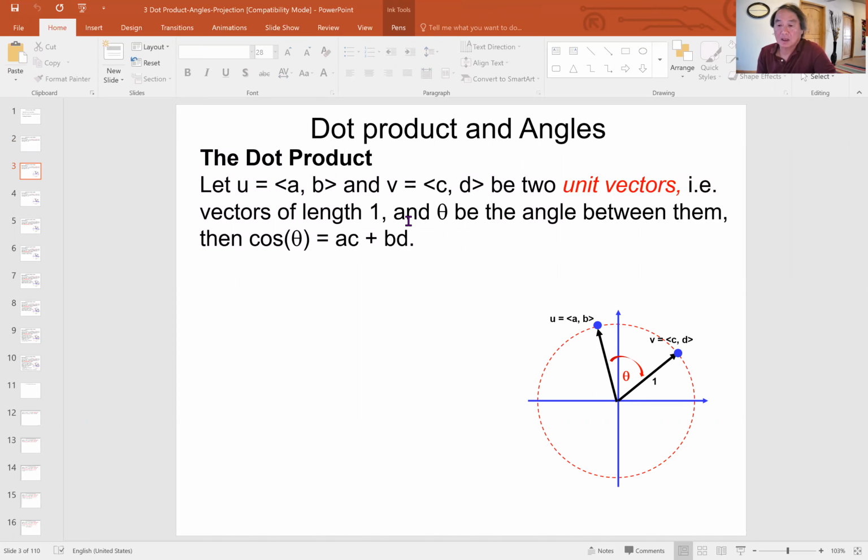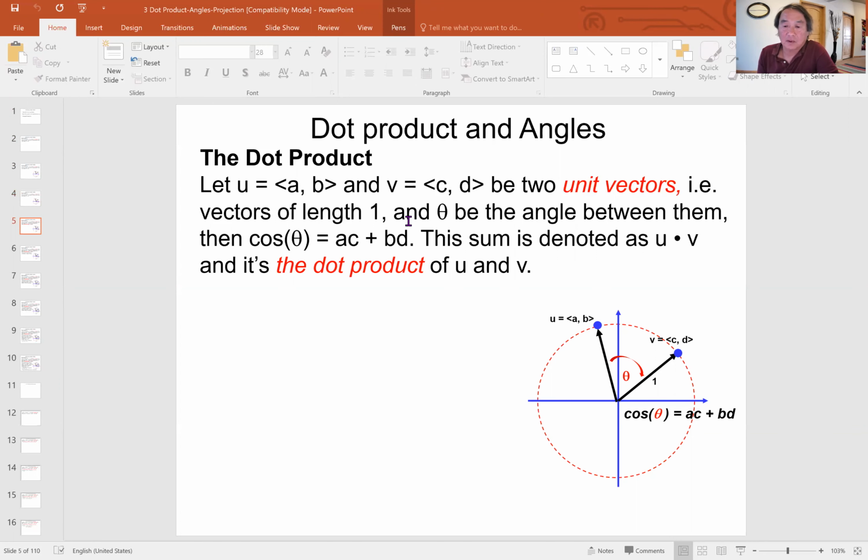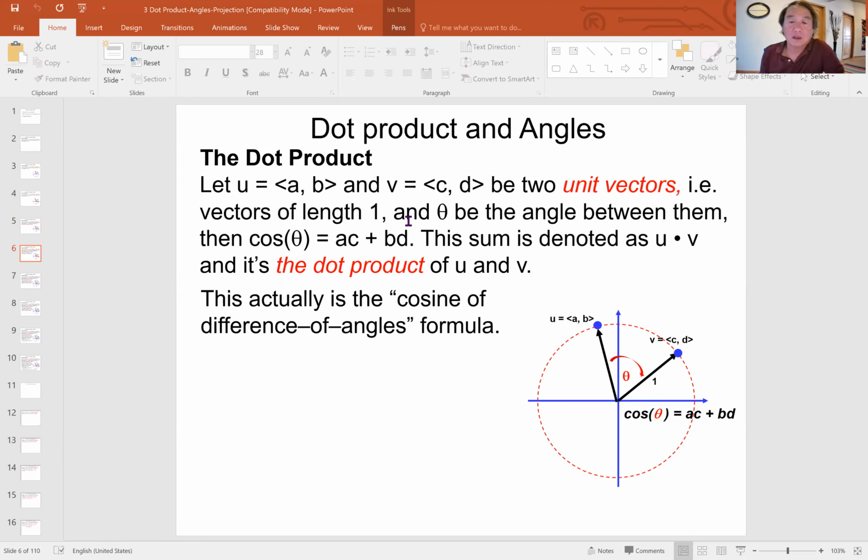So here's the picture. Again, we are on the unit circle, so the length is 1. And then cosine theta satisfies these formulas. This sum is called a dot product, and this is basically just a restatement of the cosine law for the difference of two angles.